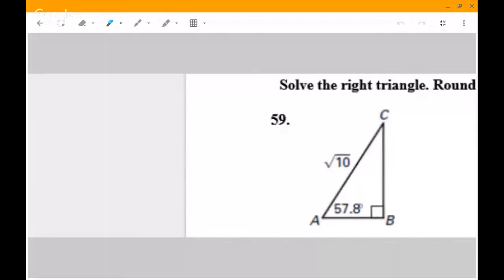So in 59, that little degree symbol got weird at the bottom there, but you would need to find angle C. How much is that angle? And you need to find side BC and side AB. Those are the three things that are missing. Okay.